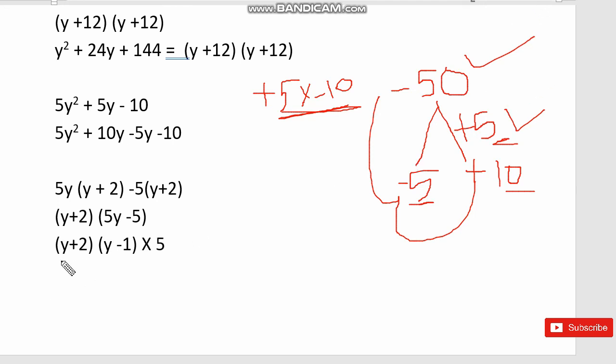So we can write it as y plus 2 in the first bracket, y minus 1 in the second bracket, multiplied by 5. So these are our factors of 5y square plus 5y minus 10.